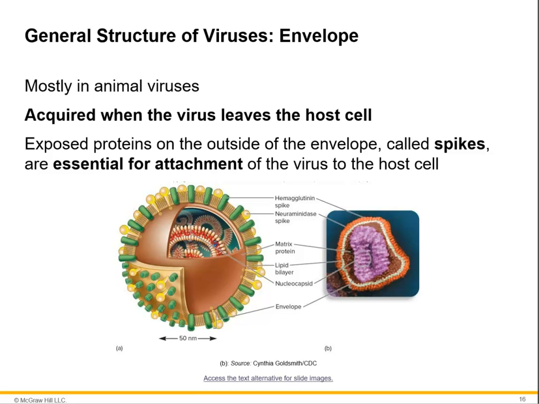Now, it also embeds proteins into this envelope. And these proteins are called spikes or spike proteins. You can see them here. And what they do is they are important for attachment to the host cell. So when this virus is released and it goes and finds another cell that it wants to infect, it's going to use these proteins, the spikes, to attach to that cell.